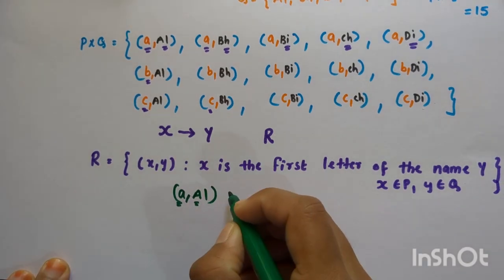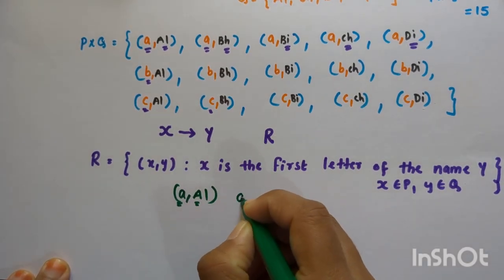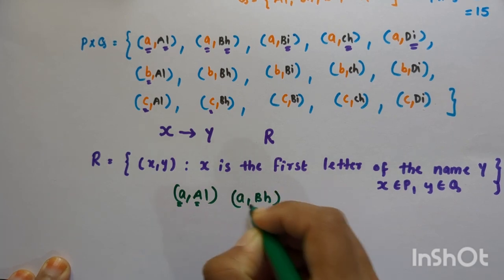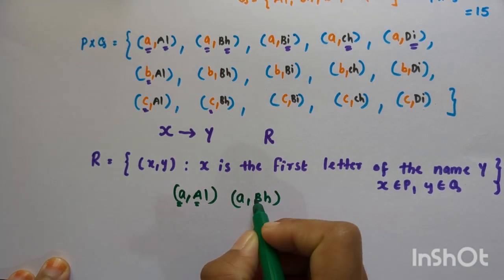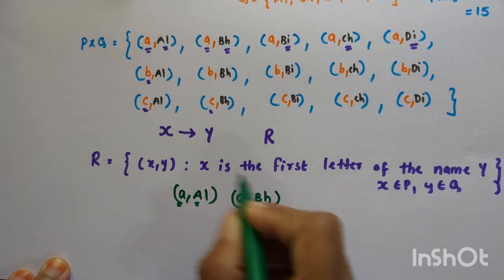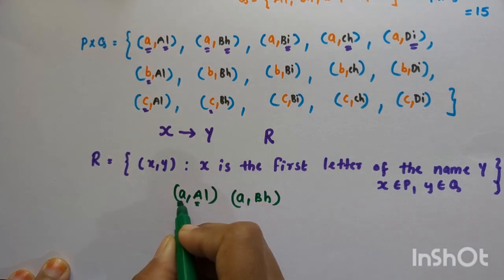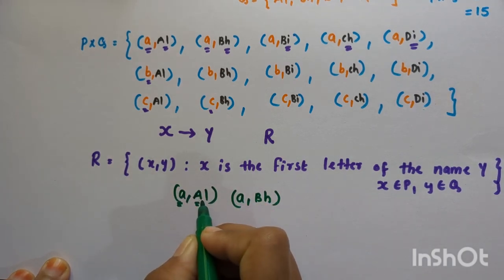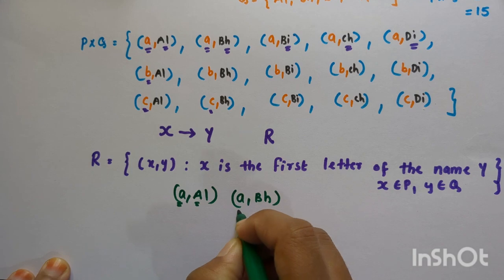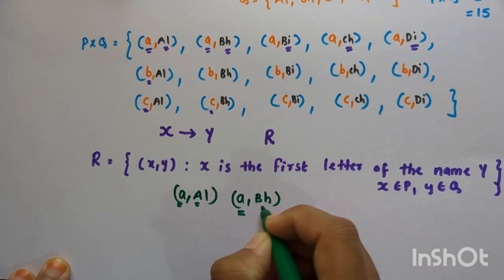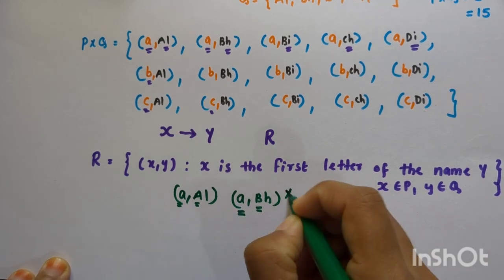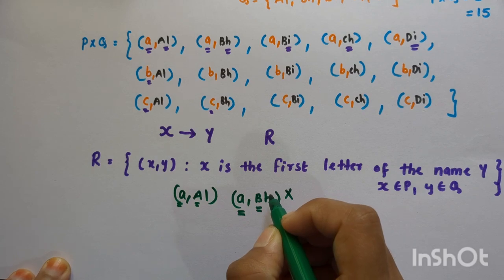Similarly, you cannot have (A, BH). You cannot take this ordered pair as per the relation, because as per the relation, the first element should be the first letter of the second element. Here the first element is A, but the first letter of the second element is B. So this cannot be in this relation.